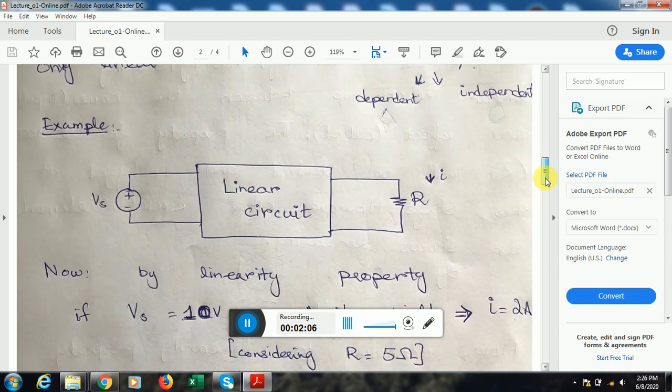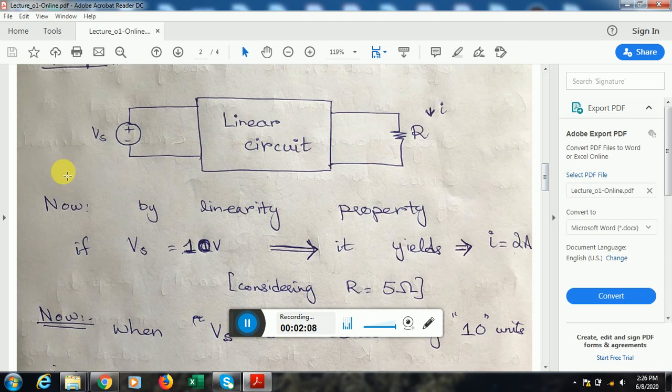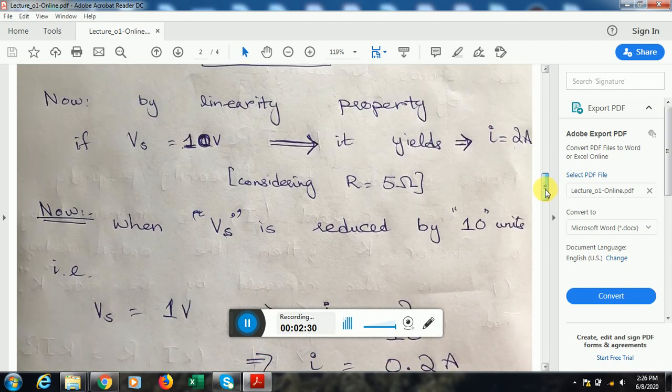To have a clear understanding of this topic, I'll give you an example. We have a linear circuit which is powered by a voltage source Vs, and we have a load resistor R. Current I flows through the load resistor R. Now, by linearity property, if the applied voltage is 10 volt, it will yield a current of 2 ampere across the load resistance, considering that the resistance value is 5 ohm.